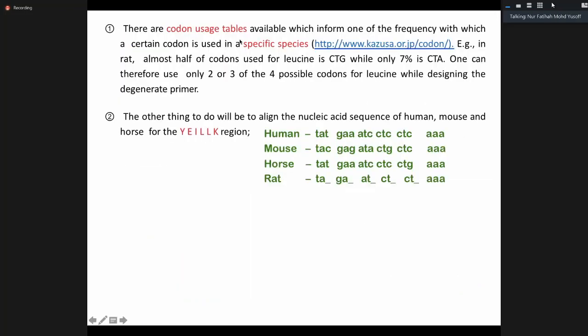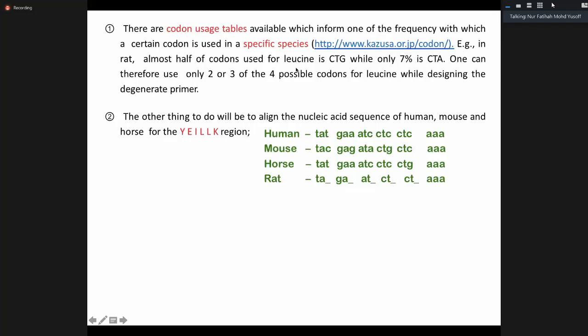There are codon usage tables, so you can find them through this website. This website shows the frequency of the codons used in a specific species. For example here, in red, almost half of the codons used for leucine are CTG, while only 7% are CTA. Do you understand?